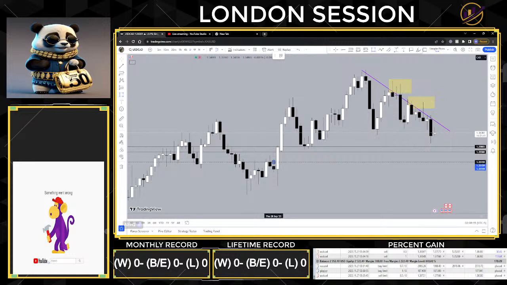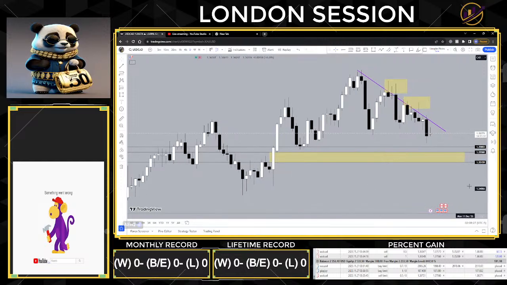The way we trade mainly depends on fair value gaps and proper timing. So that's what we're looking for on USD CAD: somewhere for this fair value gap to get tapped.